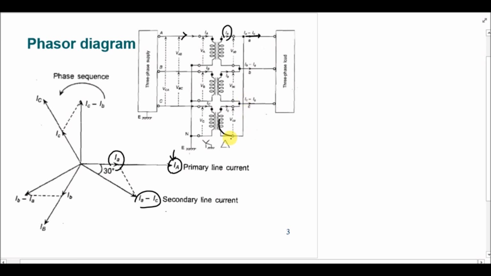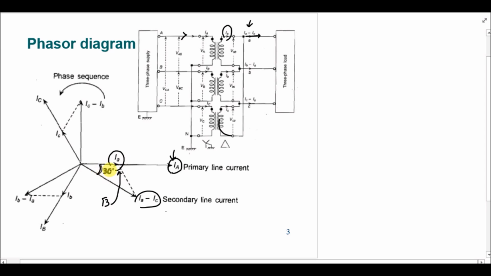From the phasors, when you add Ia and minus Ic, you get a phasor that is root 3 times more than Ia in magnitude and lagging Ia by 30 degrees.